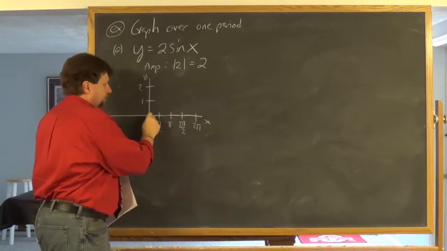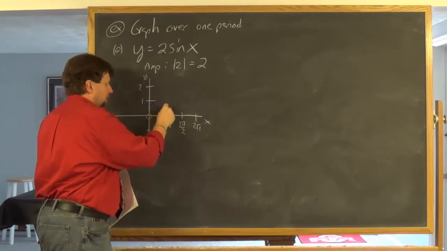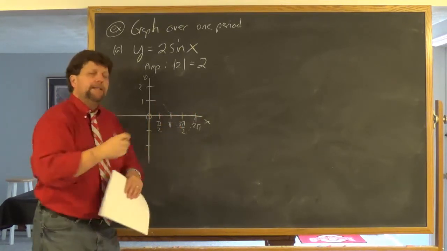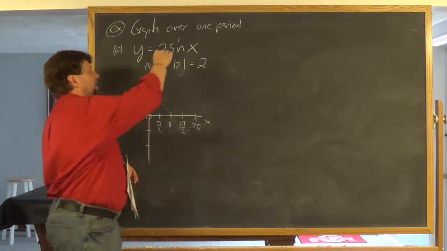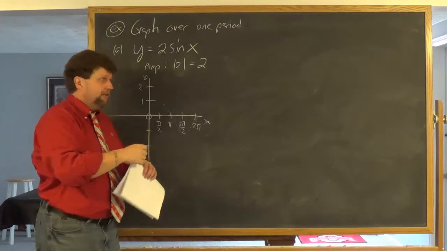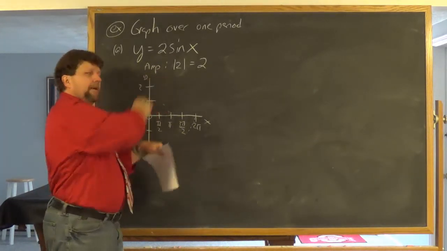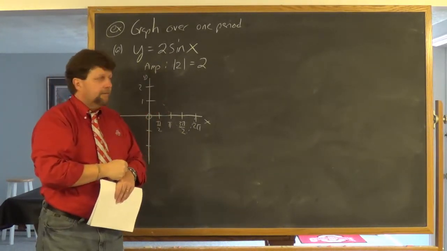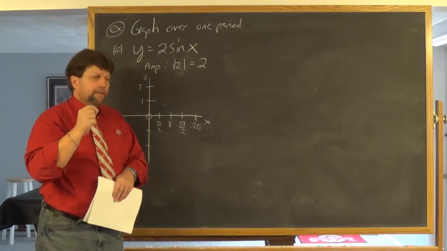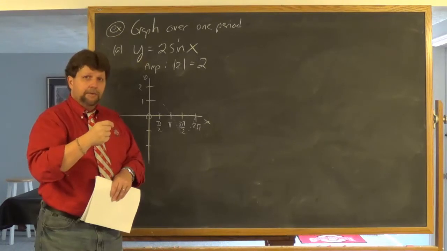The basic graph of sine is doing something like this. That's the basic graph of sine. With an amplitude of 2, and I'll go back to what you learned in college algebra, that's just going to stretch it by a factor of 2. So I should be able to plot exactly where points would be on this graph.